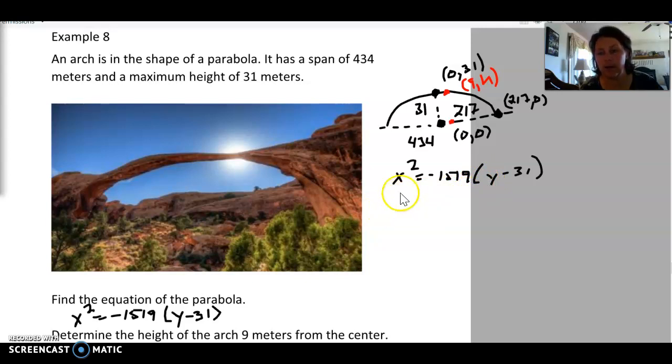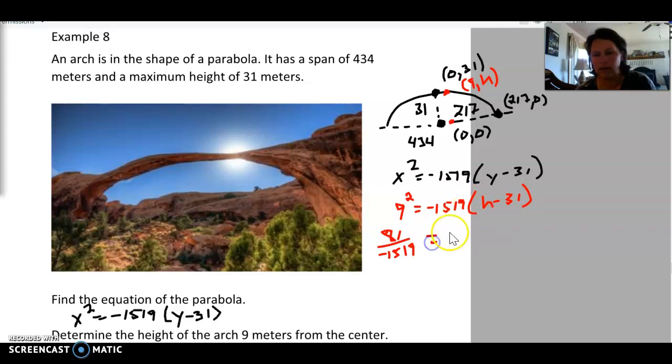So we're going to have 9 squared equals negative 1519 times h minus 31. So that's going to become 81 divided by negative 1519. Okay, and that's equal to h minus 31, and then add 31 to both sides.